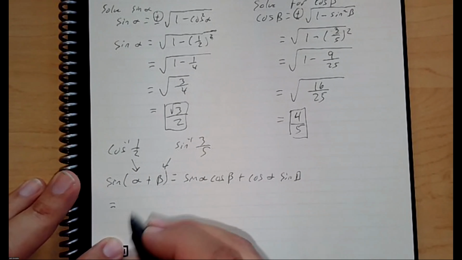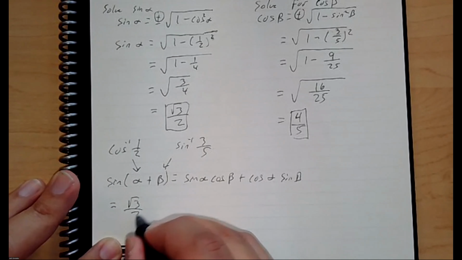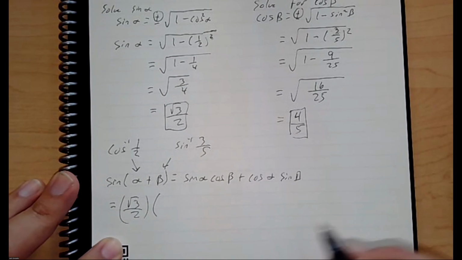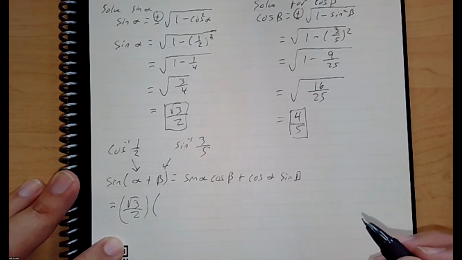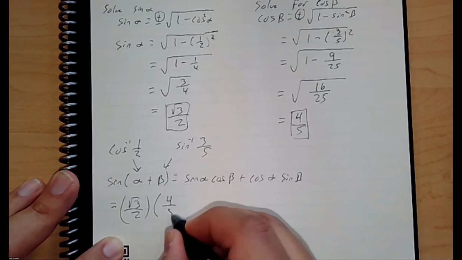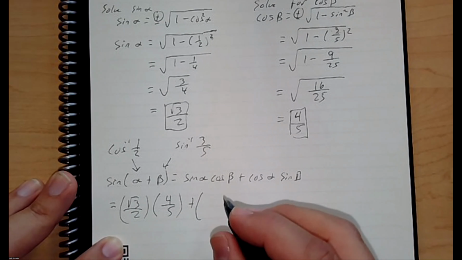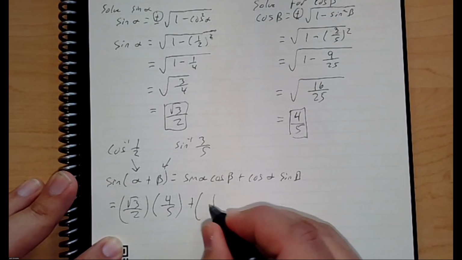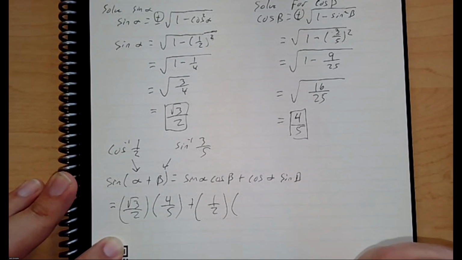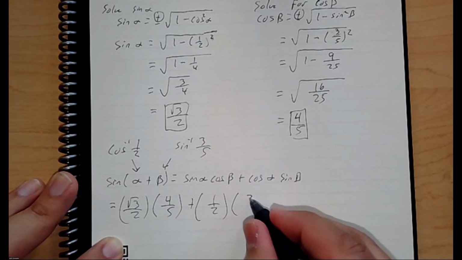Sine alpha is square root 3 over 2 times cosine beta, which is 4/5, plus cosine alpha, 1/2, times sine beta, 3/5.